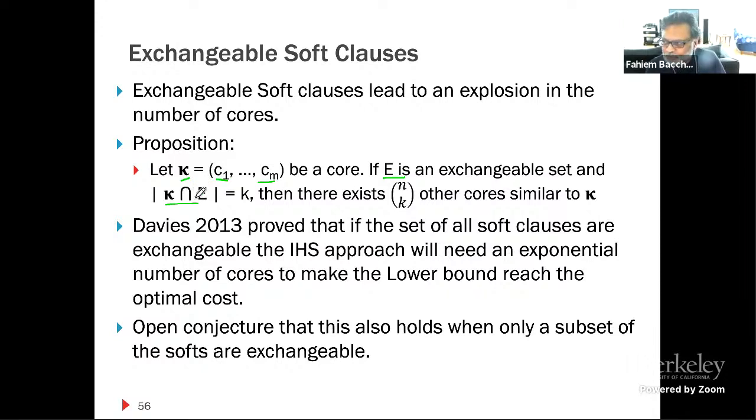In other words, what you can do is simply replace the set of soft clauses that are in E, and you can get another core. And so you get this explosion in the number of cores.